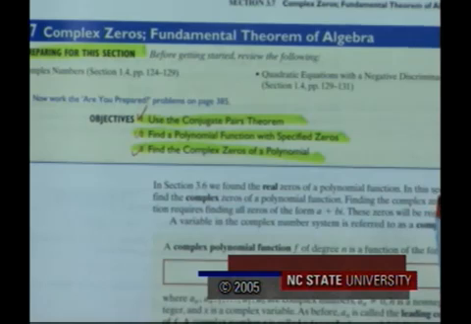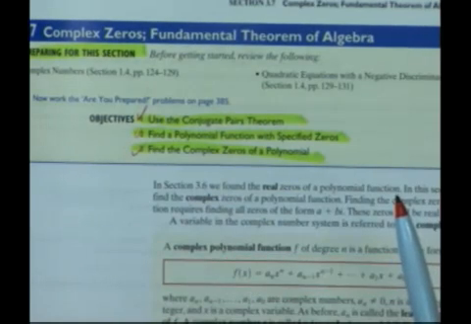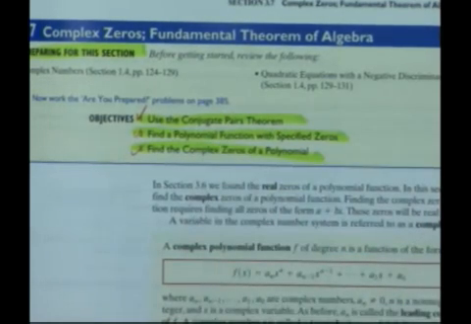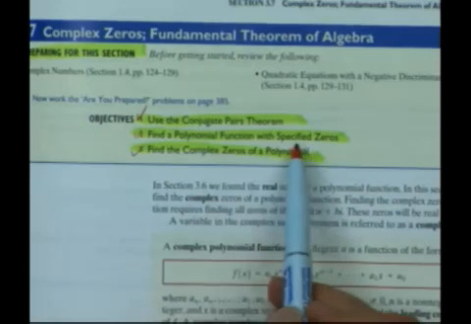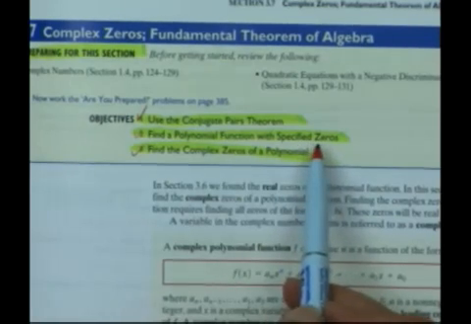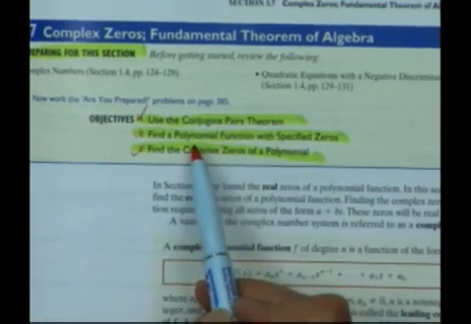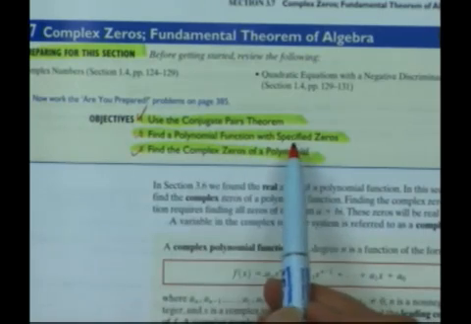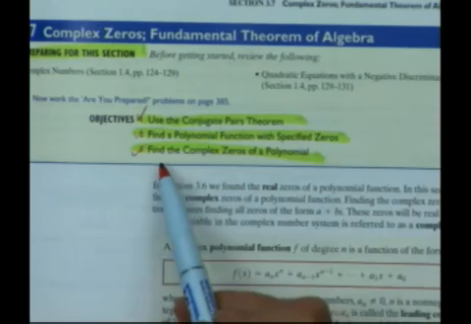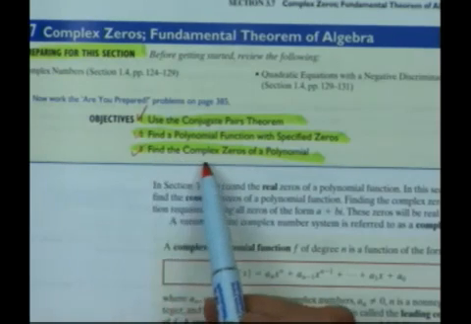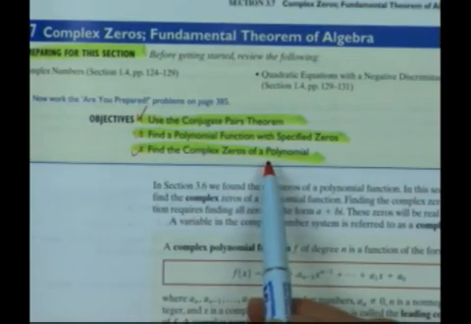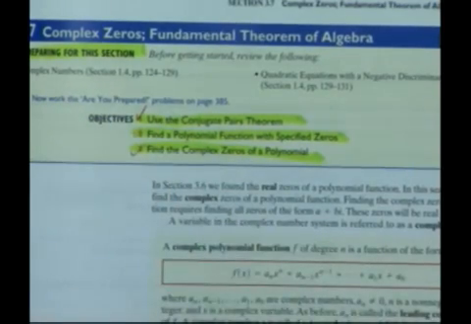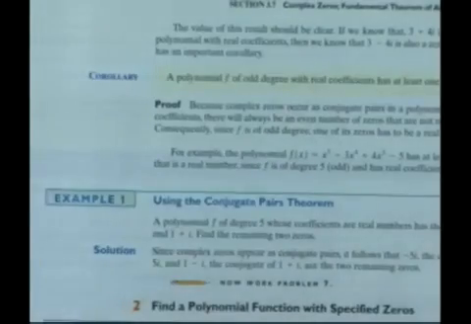This has to do with when you have a complex zero, you're going to automatically know another zero. And then we want to be told some zeros of a polynomial function and ask you to find the polynomial function. And of course, we're going to then look for being able to find all the complex zeros of a polynomial. All right, so as always, let's jump on preparing for this section at the end of the book.